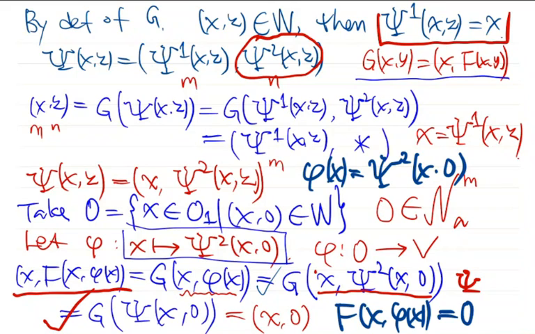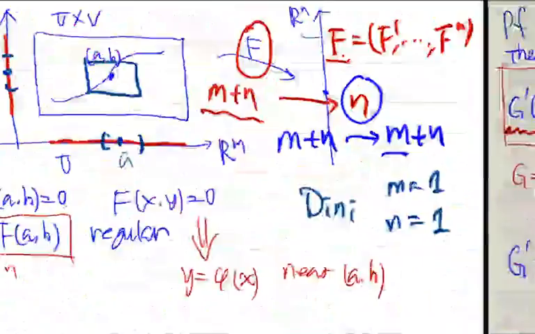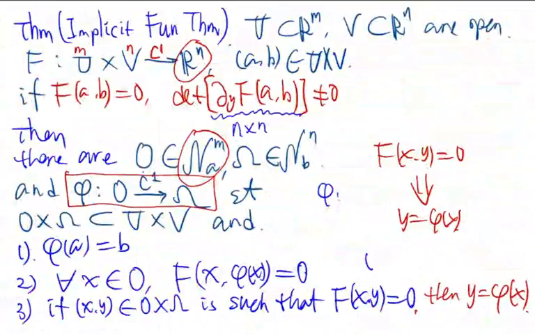So this map phi should be the map we want. We prove that we can have a map defined in an open set containing A, that is our O. We have obtained a map such that for every x in O, f x phi x is 0. So this is the second conclusion of the inverse function theorem.